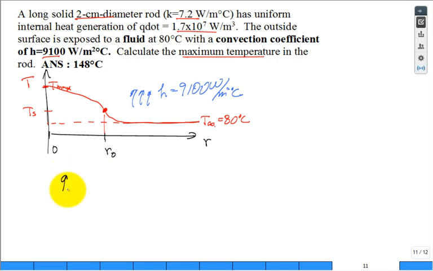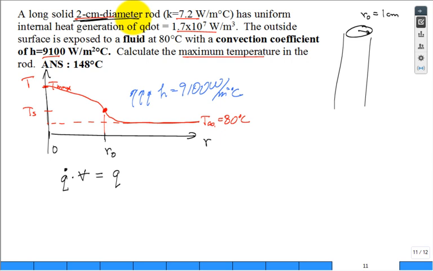If I had Q dot and I multiplied by the volume of the rod of interest, would that be how much heat was being given off? And what I'll typically do is I'll say, okay, this rod is like this, and what is its radius? That's R naught. That was equal to 1 centimeter. The diameter is 2 centimeters, radius 1 centimeter.